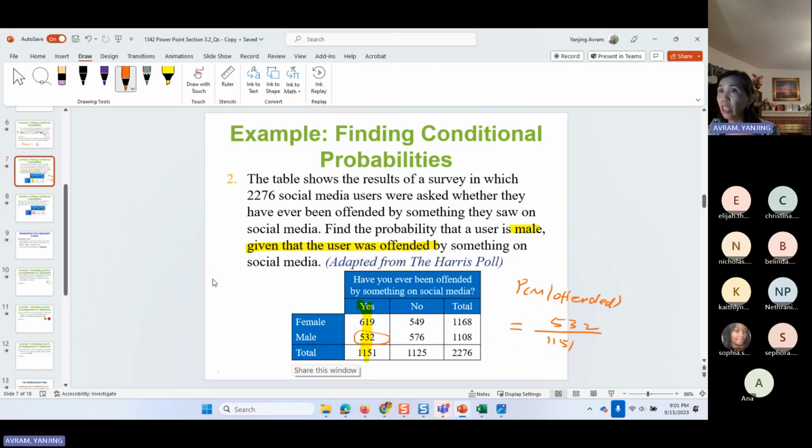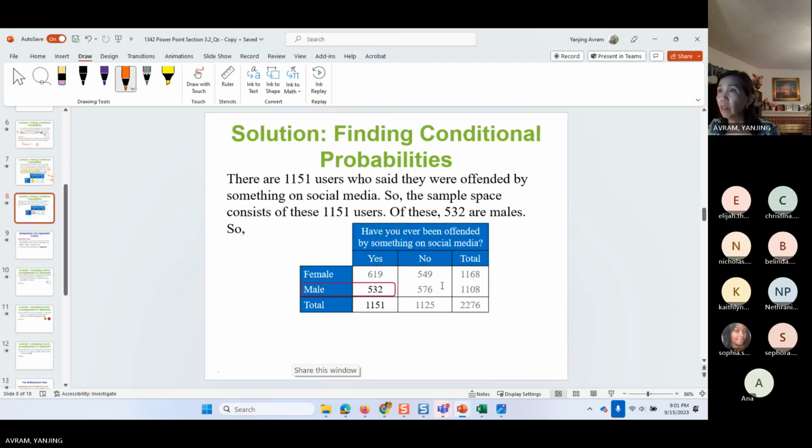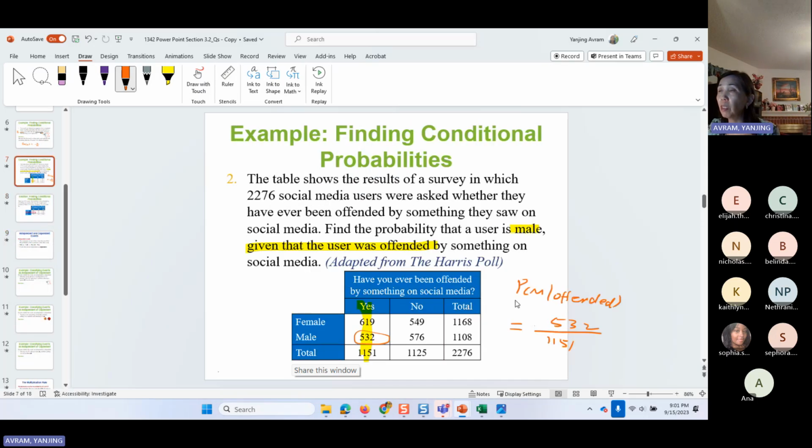So that is called a conditional probability. If you look at the total here, it is 1151, right? And the male is 532. So you use 532 divided by 1151. That is the probability of a male given the condition that the user was offended.